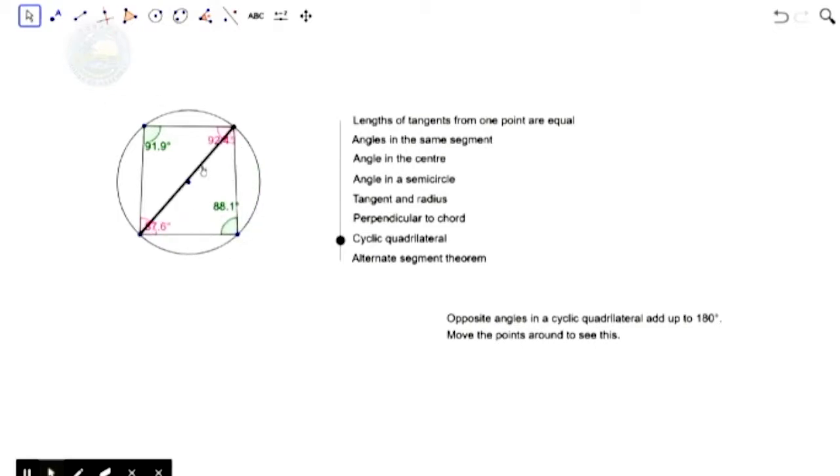So again, the rule says that opposite angles in a cyclic quadrilateral are supplementary. But I do not want you to just think of it as one rule. See all of the rules beginning to combine. And that way, when it comes to complicated shapes within circles, we'll be able to see what rule we could possibly apply to get the answer that we are looking for.